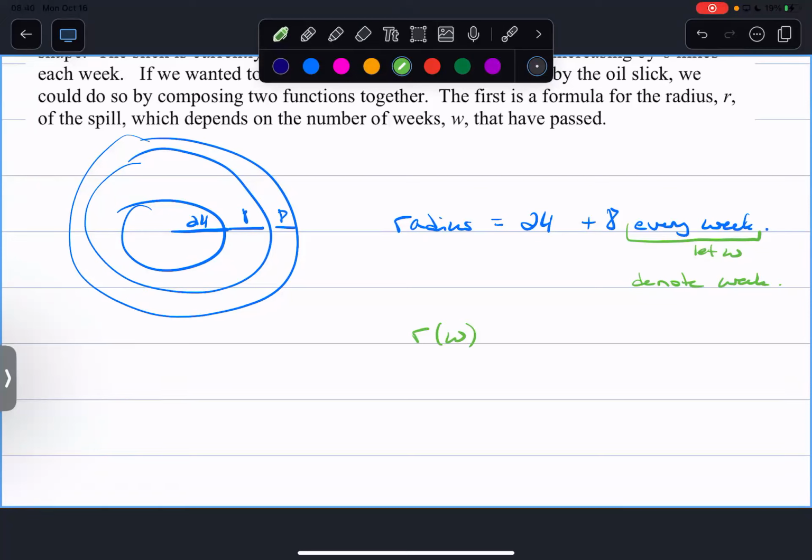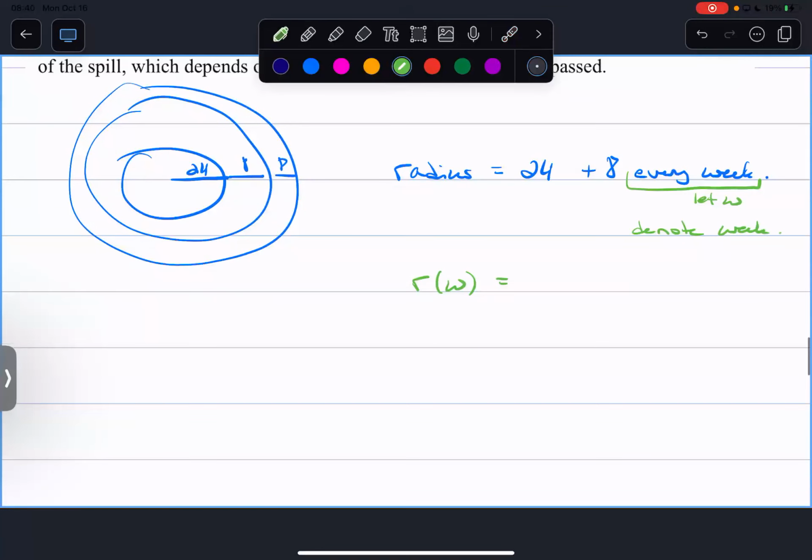It's okay. All right. Because the radius depends on what week it is. And then you can give it an input of what week you're at, right? And it'll give you the radius, right?